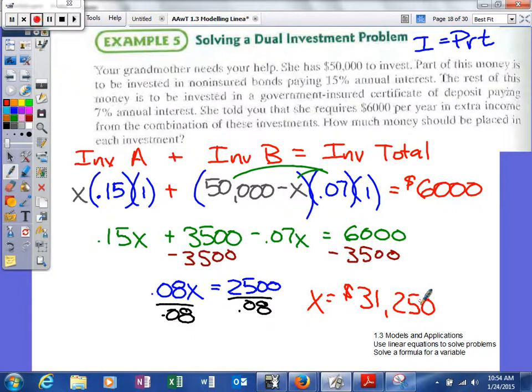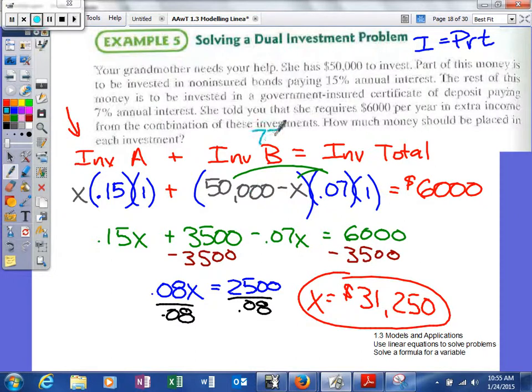But again, what we need to do is make sure that we understand our problem. This number right here is X, and what that represents is how much money she would have to invest in investment A at 15% to be able to accomplish this goal. Now what we need to do also is figure out how much she needs to invest in investment B. So to do that, we'll take this and subtract it from 50,000.